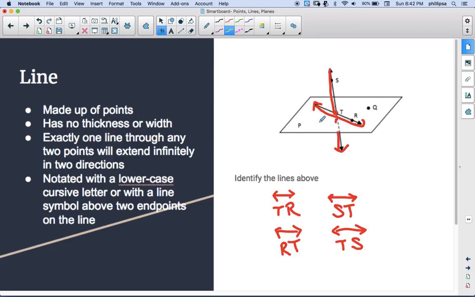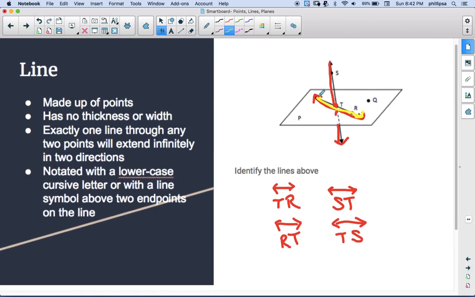I'm going to go back to that first line that I marked in yellow. It's kind of hard to see the yellow, so let's try blue. This blue line here, the only way I can name it right now is by its endpoints, but we said something about naming it with a lowercase cursive letter.